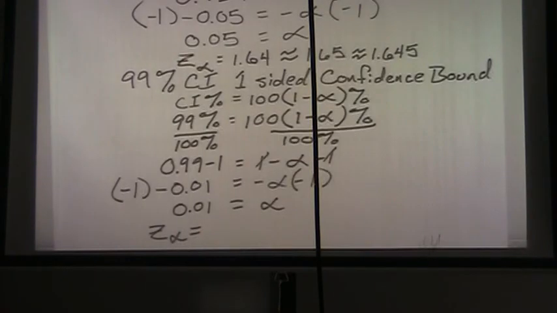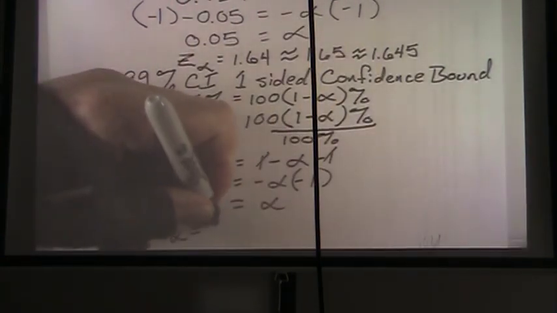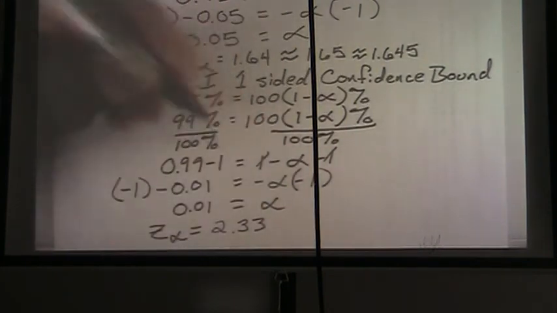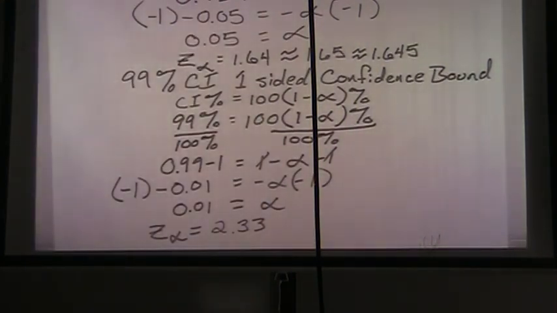Okay, but again, I'm not going to get all upset if you make a slight error in this regard. All right, so my Z alpha is 2.33, but again, call it 2.32, I'm not going to worry.